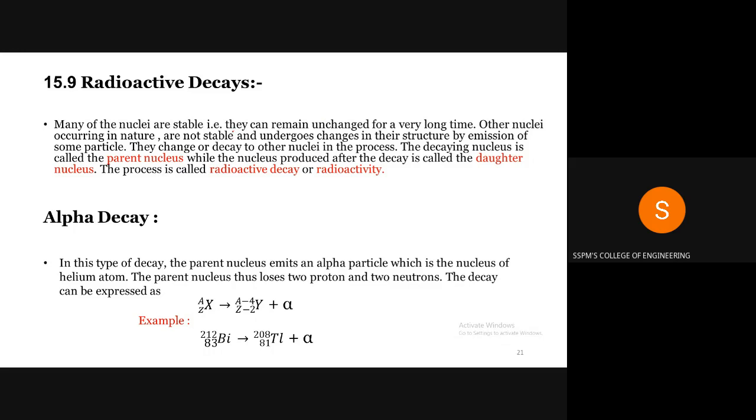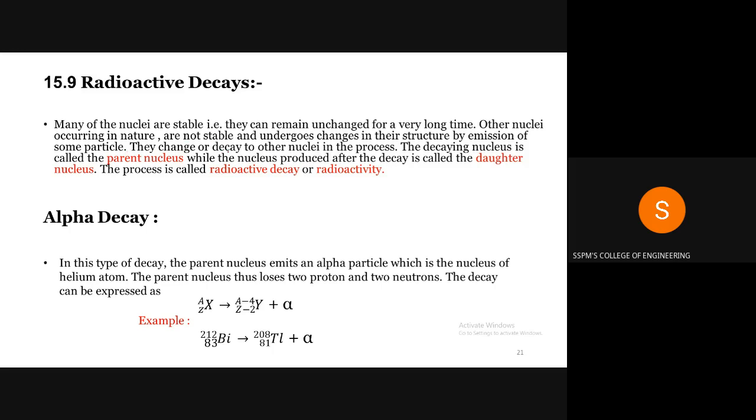nucleons was not able to be explained by Bohr's theory of the hydrogen atom, but here we are trying to make it simple. So radioactive decay: many of the nuclei are stable, that is, they can remain unchanged for a very long time. Other nuclei occurring in nature are not stable and undergo changes in their structure by emission of some particles.